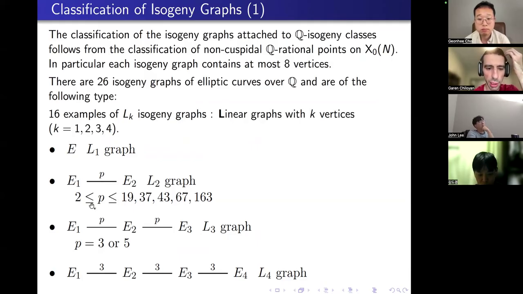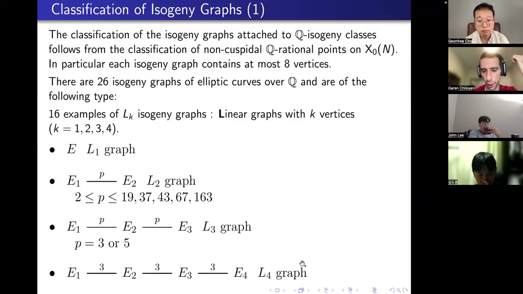What can the prime be? Well, it could be any that Kenku theorized. He said 2 through 19, 37, 43, 67, or 163. So this is an L2 graph. What about an L3 graph? Well, you have 3 different curves, each connected by a p-isogeny. p could be 3, or it could be 5, and that's it.